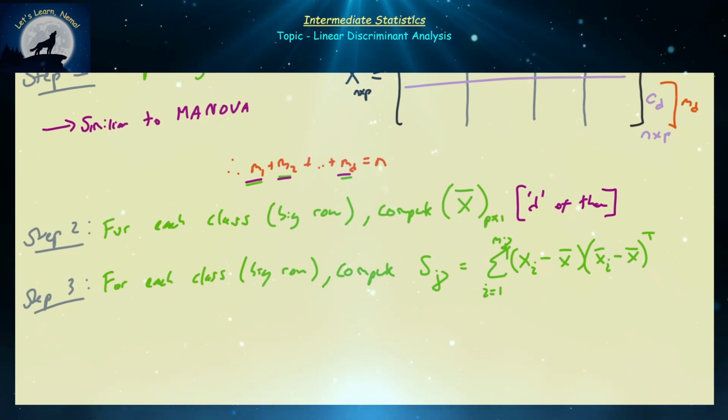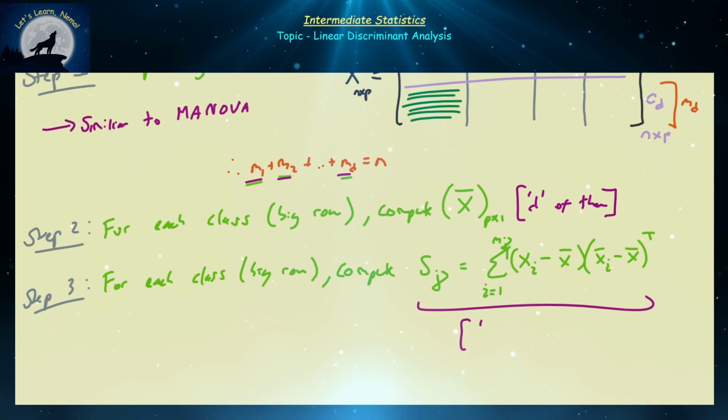Okay, so you're going to do that for each of your values in that particular class. So what we're actually doing is we're going row by row in each of our big rows, right? So how many of these are we going to have? Again, we're going to have D of them.